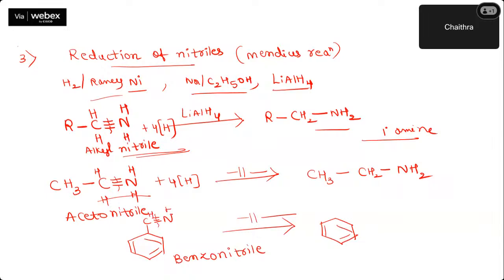Yes, add and tell me the product. What do you get? Benzene ring CH2. What is this group called, guys? Benzene ring directly attached to CH2 is called. Yes, it is benzyl. Okay. Now here I have NH2. So this is nothing but benzylamine. This group is there, no? This is called the benzyl group. So this is called benzylamine.